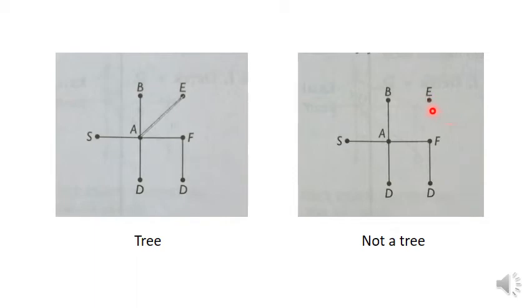So E is not connected with A, E is not connected with vertex F, E is not connected with vertex B. So if you have one vertex that is not connected with other vertices, the whole graph is not a tree.